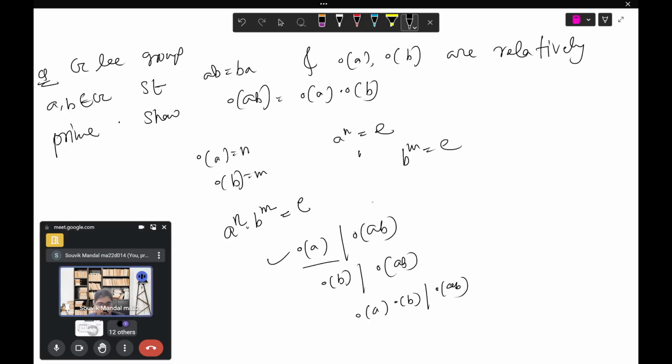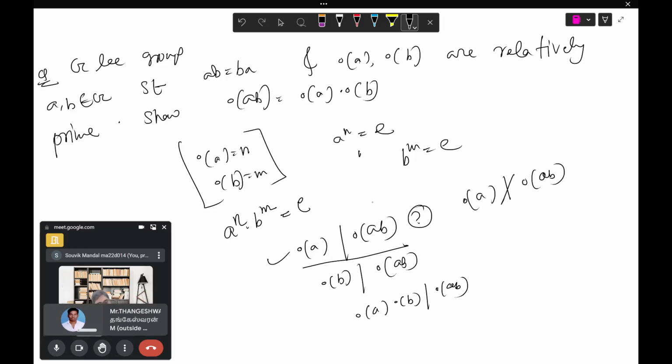So how can you say that the order of A divides the order of AB? I will give the argument. Suppose the order of A is some n and the order of B is some m, and the order of AB is some other element, P or like that.